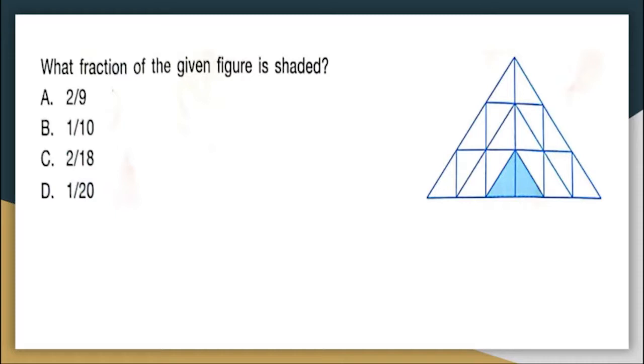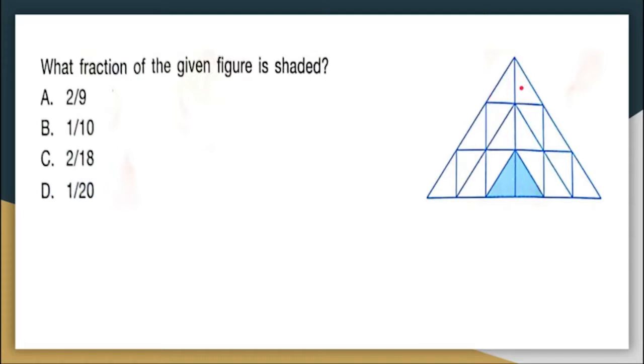So this is triangle number 1, 2, 3, 4, 5, 6, 7, 8, 9, 10, 11, 12, 13, 14, 15, 16, 17 and 18.